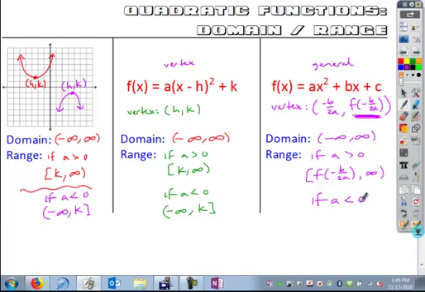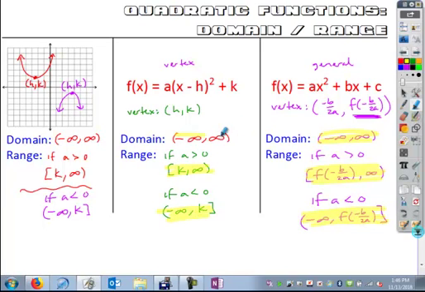And if you're dealing with a negative leading coefficient, then you're going to extend from negative infinity all the way to, and again, we're going to evaluate our function at the x-coordinate, negative b over 2a, to get our range. And so the answers that you're looking for here would be these forms.